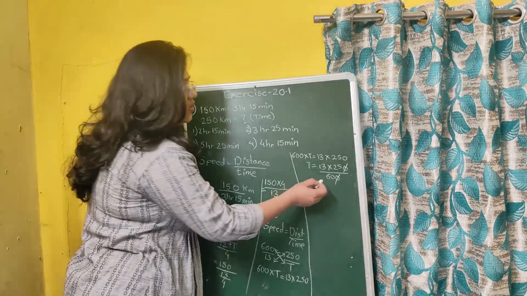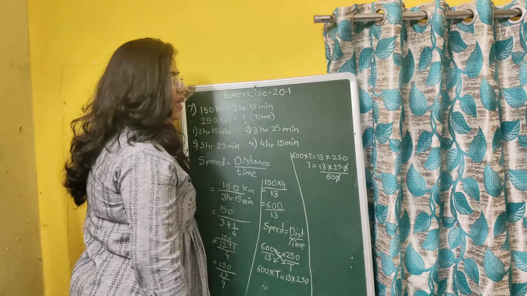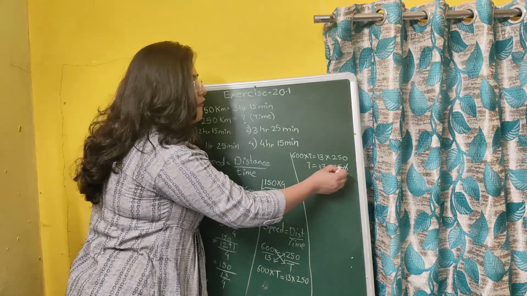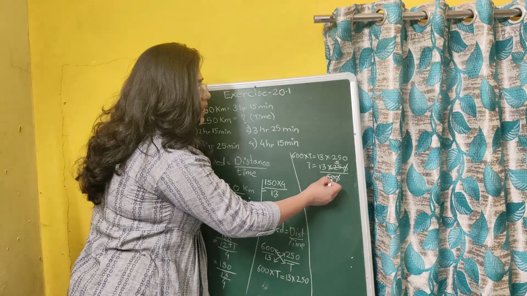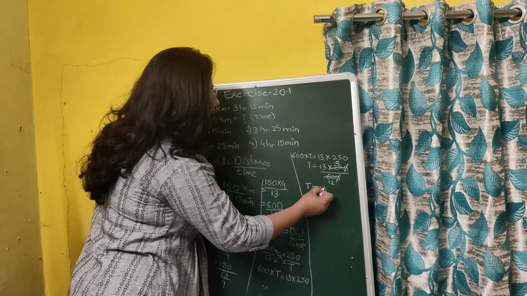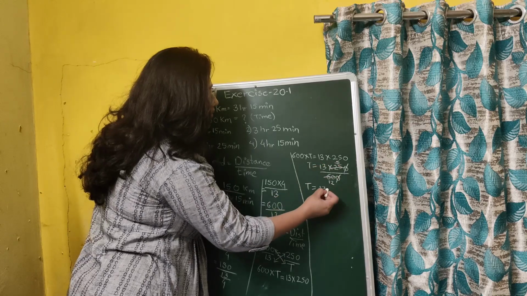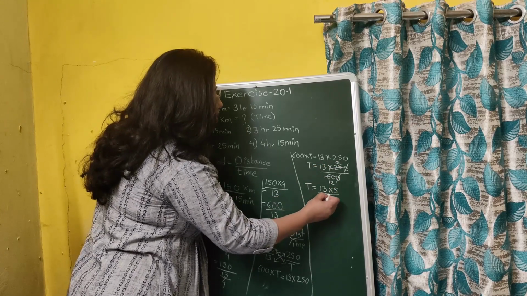Okay, so what we can do is, इसमें से कोई एक टेबल में है क्या? Yes, it is. 5 5s are 25 and 5 12s are 60. So t is equal to 13 multiplied by 5 upon 12.